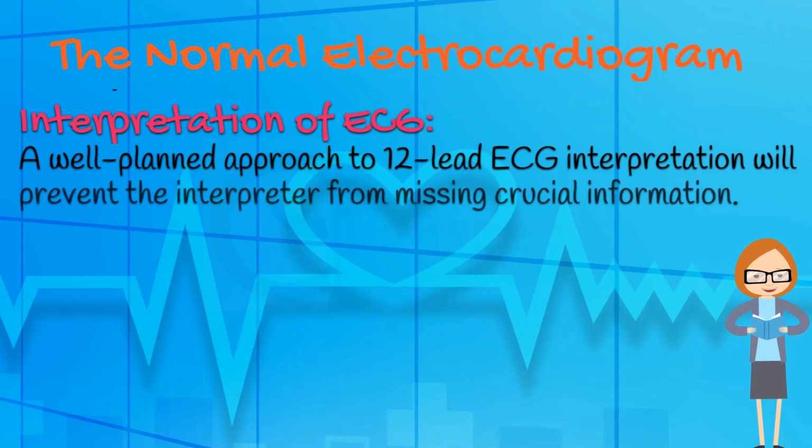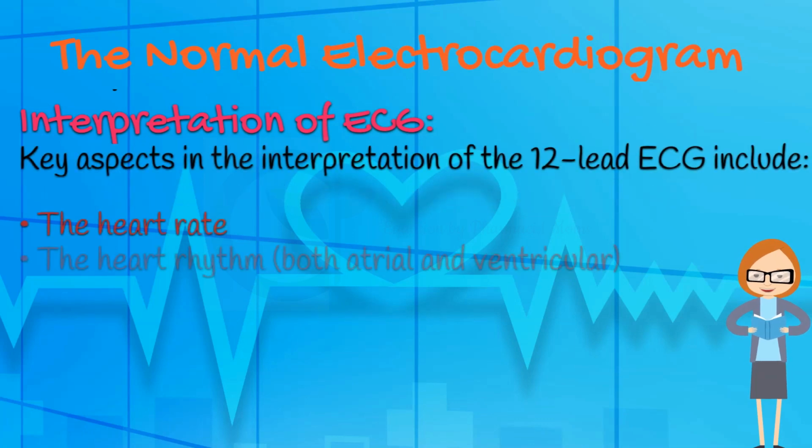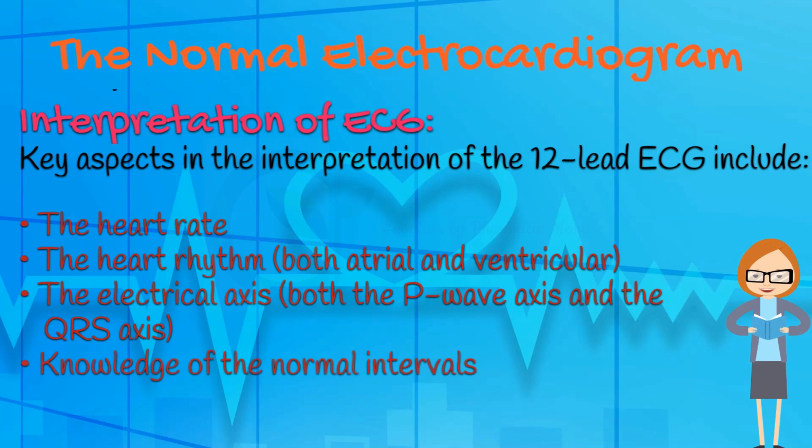How is ECG interpreted? A well-planned approach to 12-lead ECG interpretation will prevent the interpreter from missing crucial information. Key aspects in the interpretation of the 12-lead ECG include the heart rate, the heart rhythm, both atrial and ventricular, the electrical axis, both the P-wave axis and the QRS axis, and knowledge of the normal intervals.